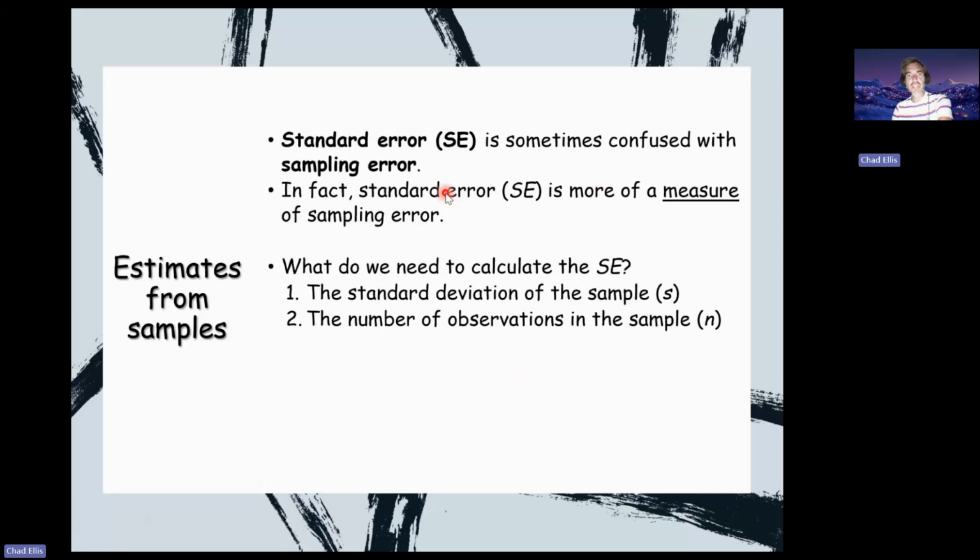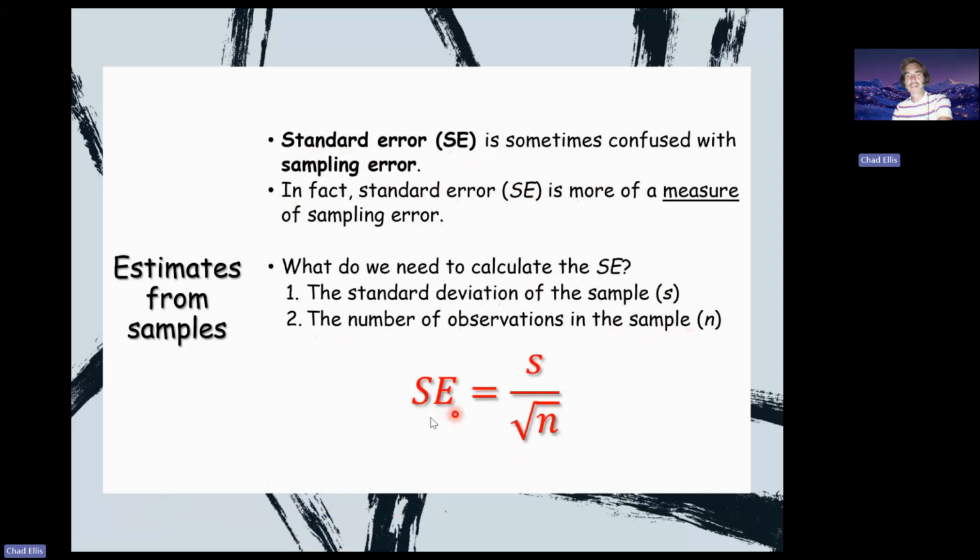And one metric that is commonly used is called the standard error, SE. Okay, so the standard error is a measure of the sampling error. And basically how it's calculated is two things. It uses the standard deviation of the sample, here S, and the number of observations in the sample.